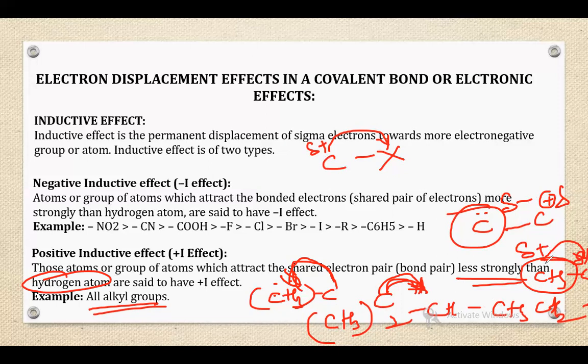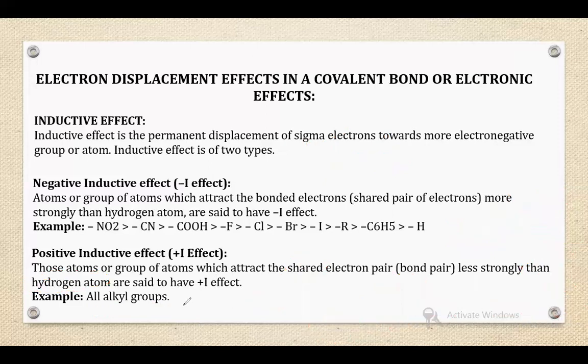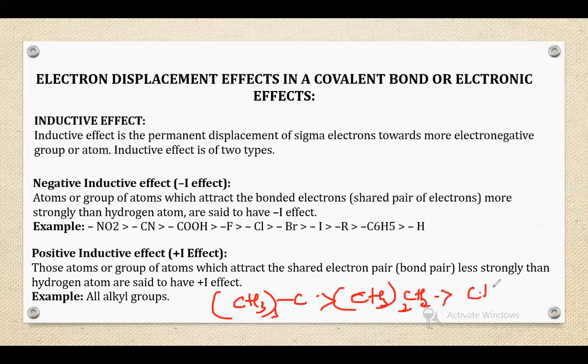Alkyl groups are carbon and hydrogen groups, apart from the benzene ring. In alkyl groups, the order is (CH3)3C greater than (CH3)2CH greater than CH3CH2 greater than CH3.